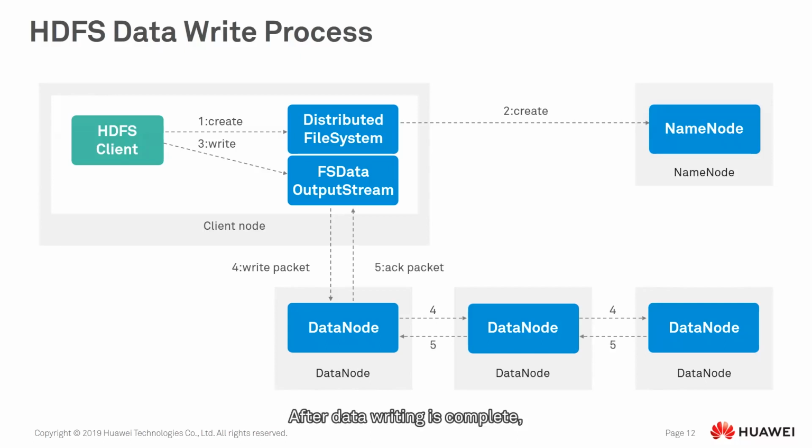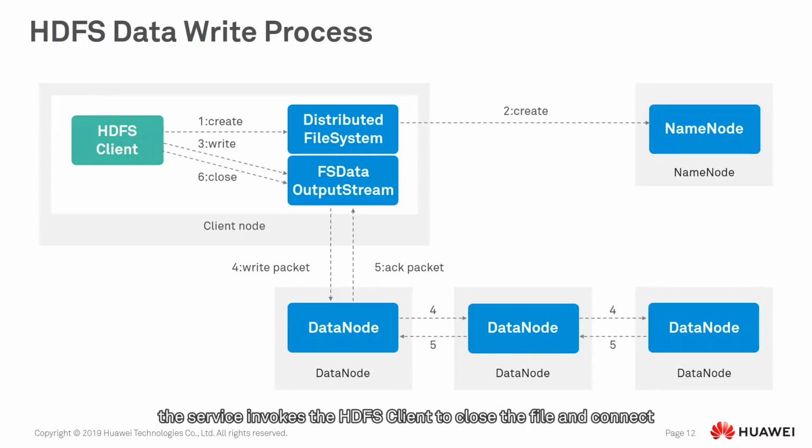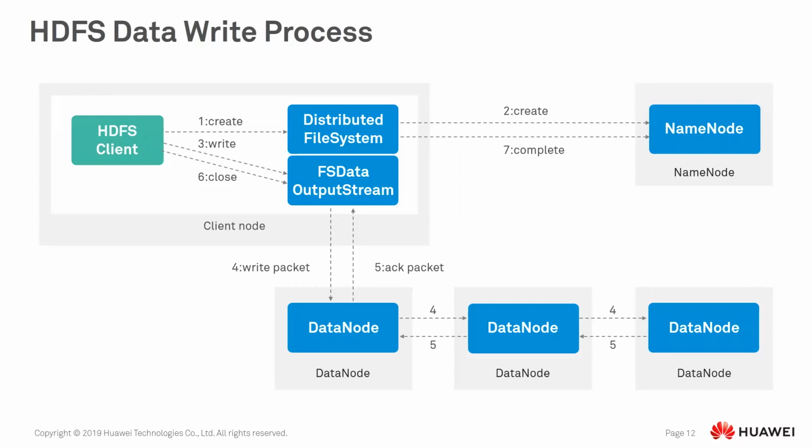After data writing is complete, the data nodes send a confirmation message back to the HDFS client. After all data writing is confirmed, the service invokes the HDFS client to close the file and connect to the name node to confirm that the data writing is complete.